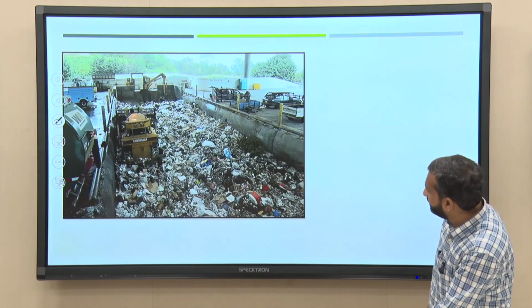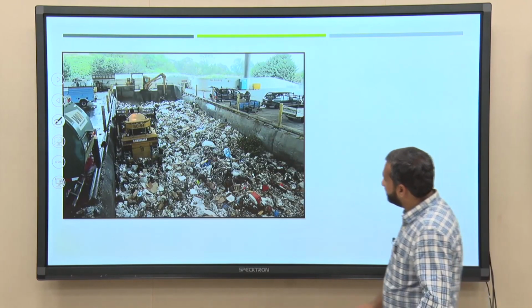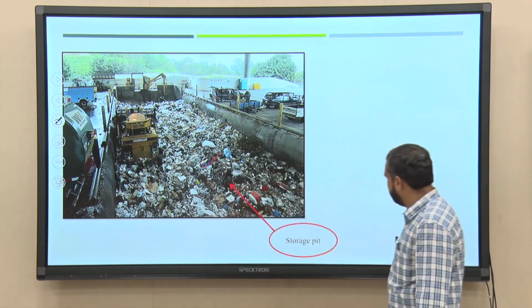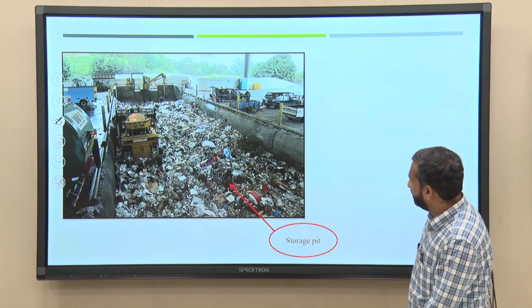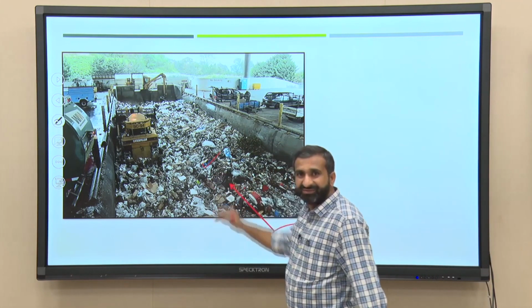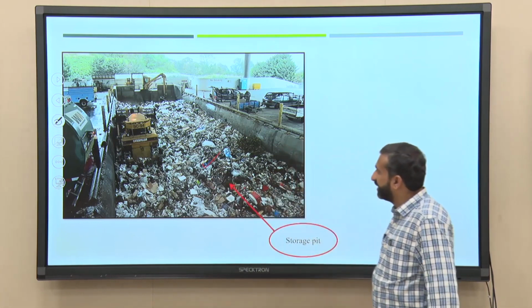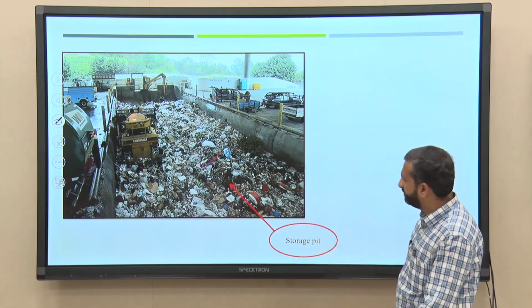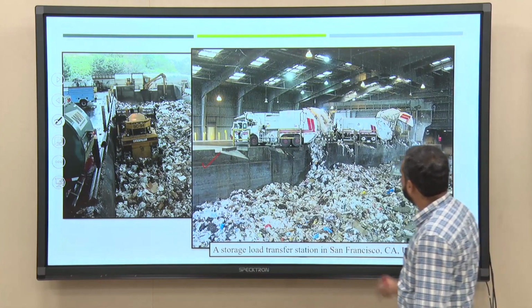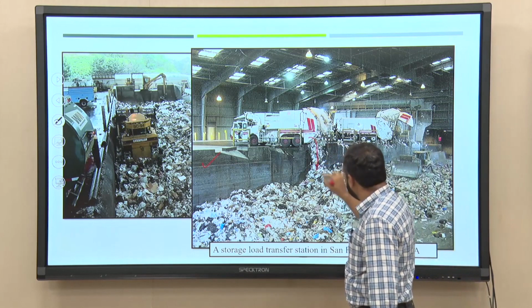So, you see here, the waste is getting into the storage pit. This is the storage pit. Now, it is difficult to have mechanical segregation of recyclable matter, but manual segregation could be possible in such locations. You see here, the waste is unloaded into the storage pit.